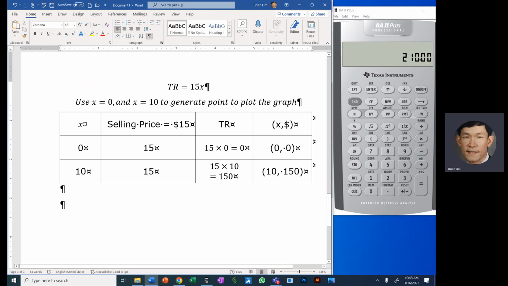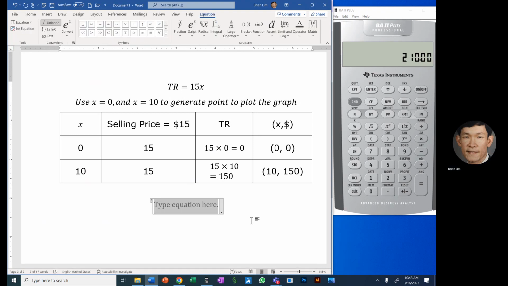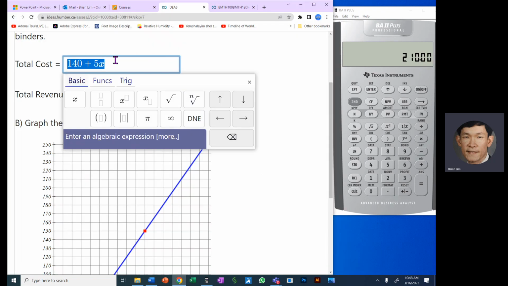All right, but let's come down here. So we are safe again, and the function is what? Well, the total cost is equal to, what do we have? Let's go back and find it. 140 plus 5x.